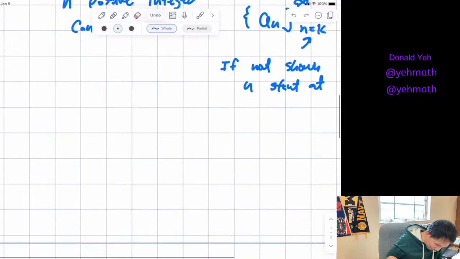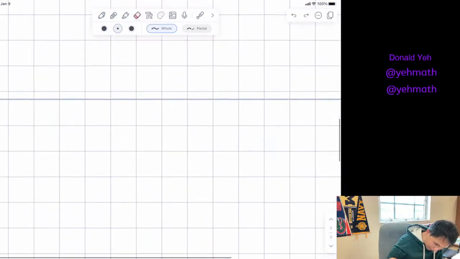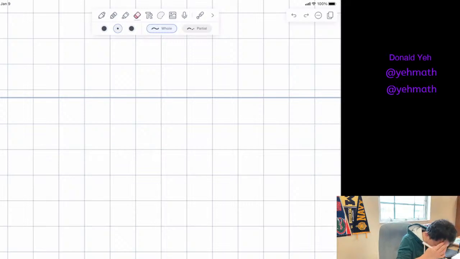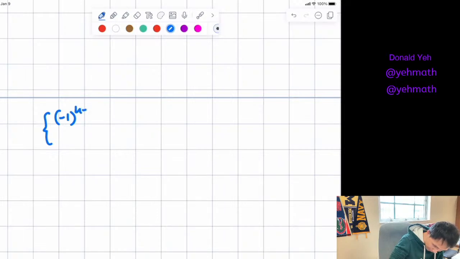So for example, I'm going to give you an example of one of the sequences that represents this. I want you to write out the first few terms and just see what happens, because we all know Algebra 2 in this school is not excellent, but you've also never seen this before.